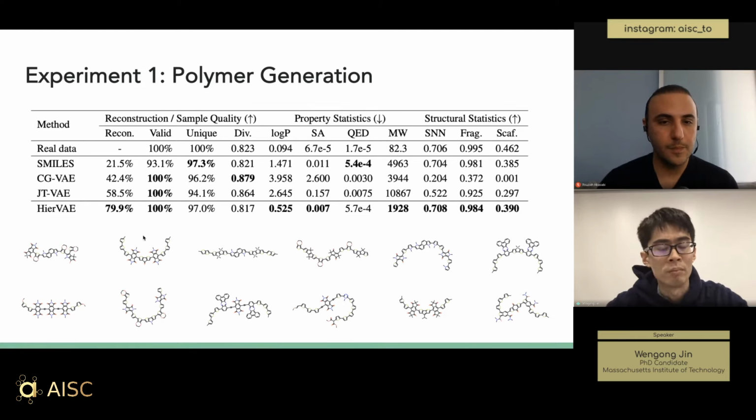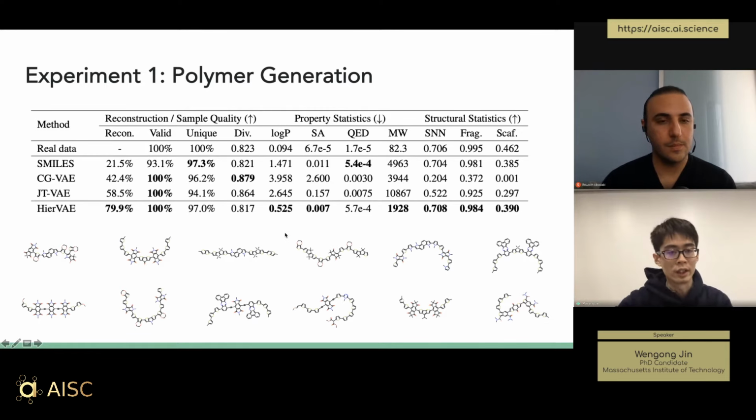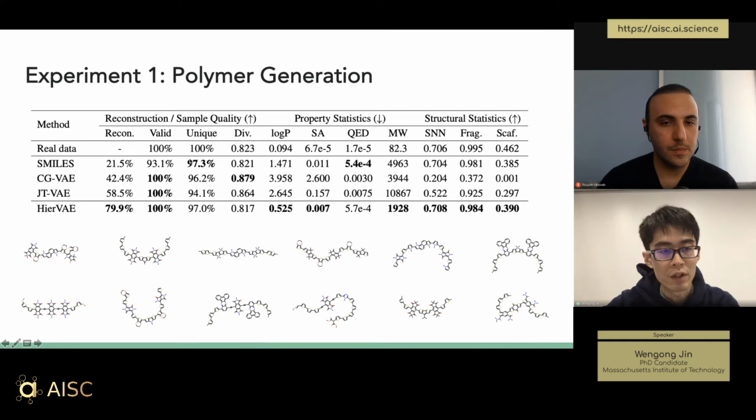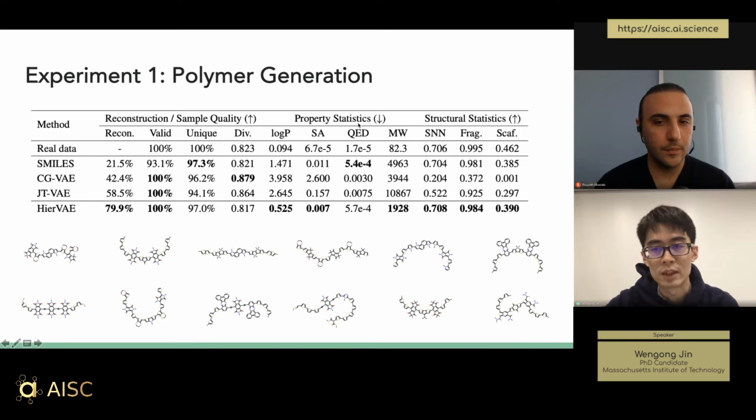Also, a SMILES string is order dependent, while each molecule graph can result in many different SMILES strings. Even though in this experiment we only use the canonical string representation for each molecule, I suspect this also brings an additional challenge for learning these SMILES-based methods. But as you can see from this table, even though it has a low reconstruction accuracy, the property statistics and the structural statistics are not too bad compared to the graph-based methods. So I don't want to bring down the SMILES string methods too much.